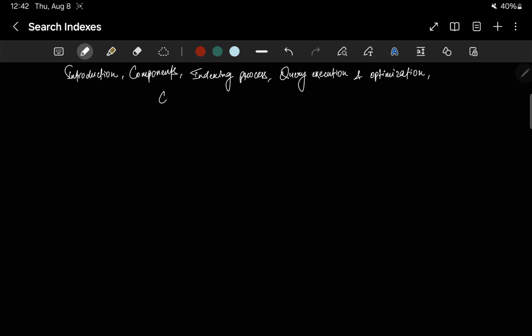Next, we will see the challenges and considerations associated with search indexes. And then we will see real-world examples of search indexes. So now that the structure is ready, let's start with the introduction.